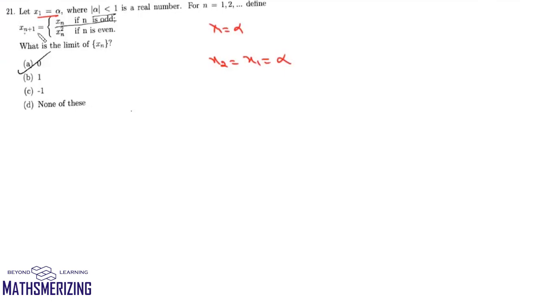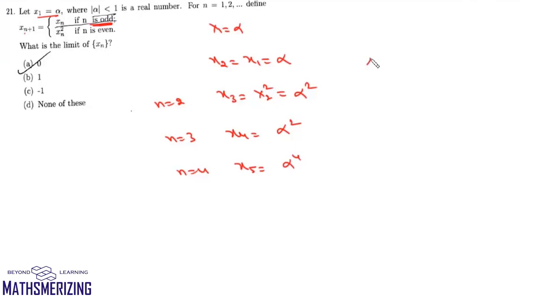Now if we put n as 2, we'll get x3, and x3 will be x2 square, so this value will be simply alpha square. Now we'll put n as 3, we'll get x4, and when n is odd, it is simply xn, so it'll be alpha square.